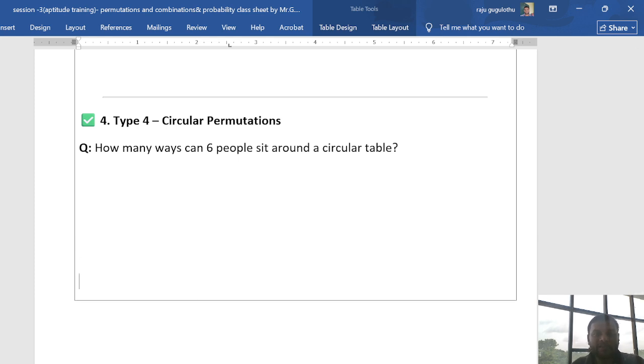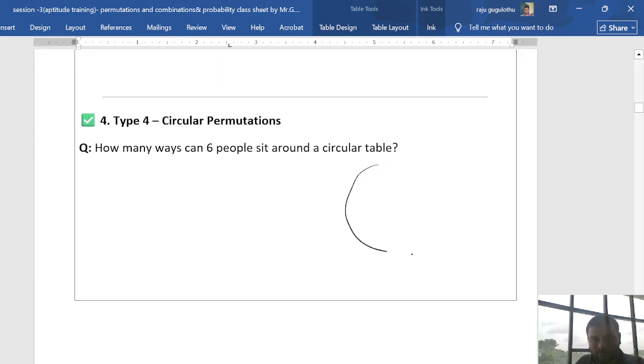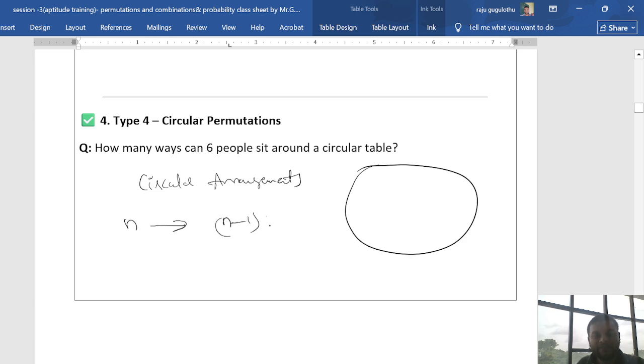In how many ways can 6 people sit around a circular table? Okay, guys, for a circular table, we want to arrange the 6 people. In circular arrangements, what happens is, if you want to arrange n people, that will happen in n minus 1 factorial ways.